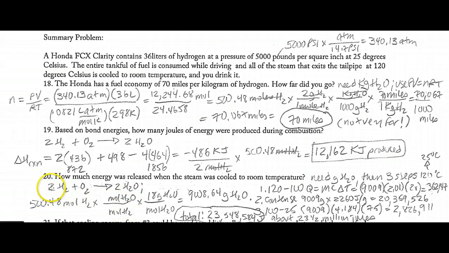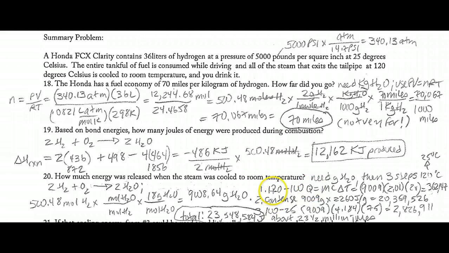See how it's 2 and 2, the same as 1 to 1. And that's 18 grams for a mole of water. Therefore, we are producing 9,000 grams of H2O, even though we only started with 1,000 grams of H2. There's a lot of oxygen in there, mass-wise. Okay, we know how much water we're producing. 9 kilograms of water will exit this thing as steam, and it all is getting cooled down quite a bit.